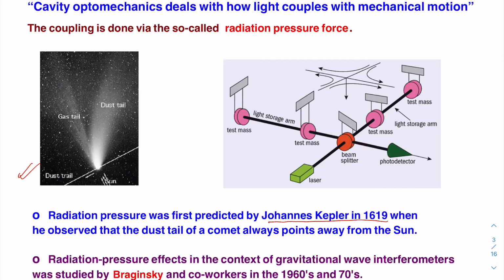In fact, way back in the early 1960s and 1970s, Vladimir Braginsky and his co-workers studied radiation pressure effects in the context of gravitational wave interferometers, because at that time people were looking at various ways to detect gravitational waves, and Braginsky and his co-workers came up with many proposals, and ultimately gravitational waves got detected.